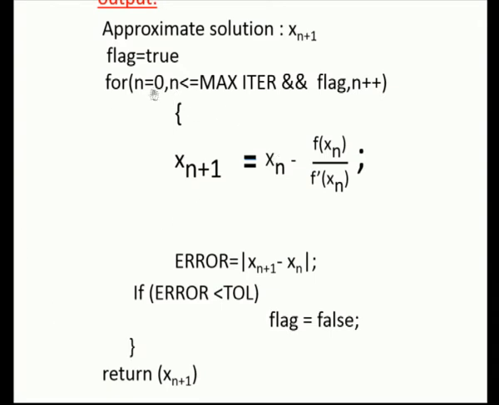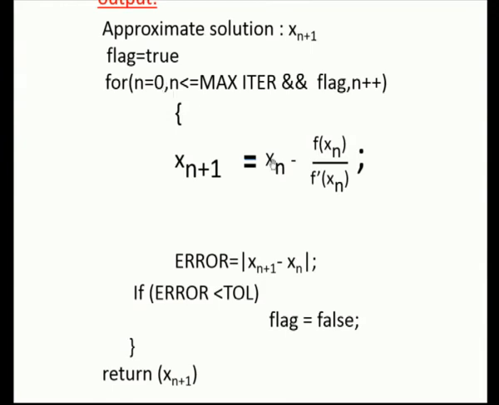Okay. Now, if n is less than max iteration, then we use the Newton-Raphson formula: xn minus f of xn divided by f prime of xn. Of course, here the derivative is not explicitly calculated in the code, and when the user writes the code, you have to separately calculate the derivative and compute this right hand side expression.